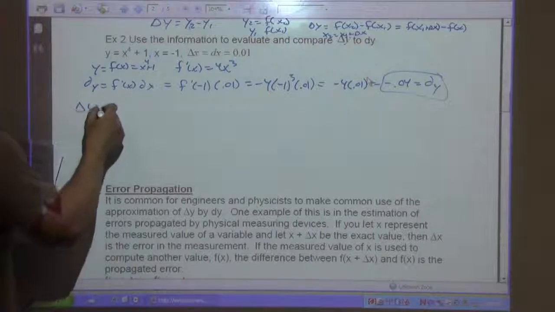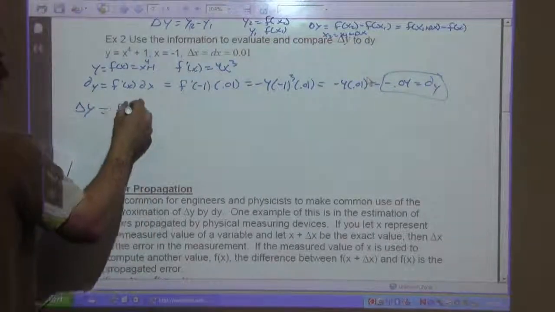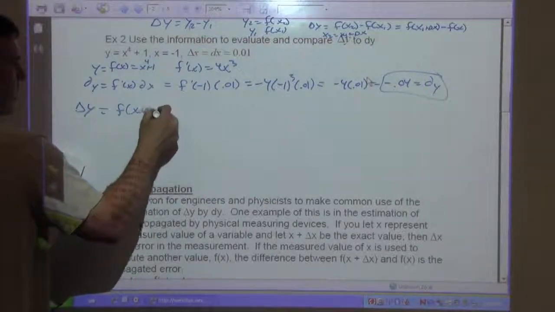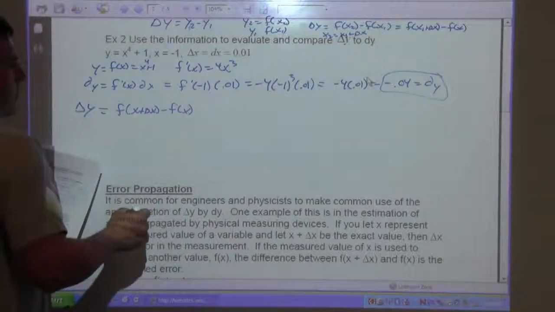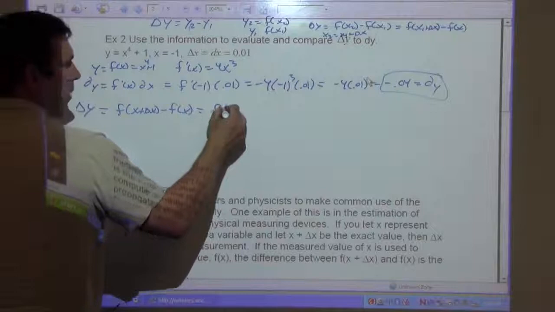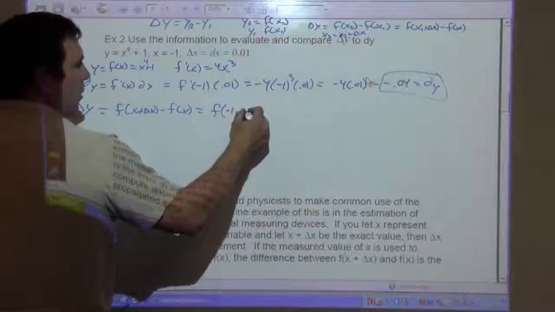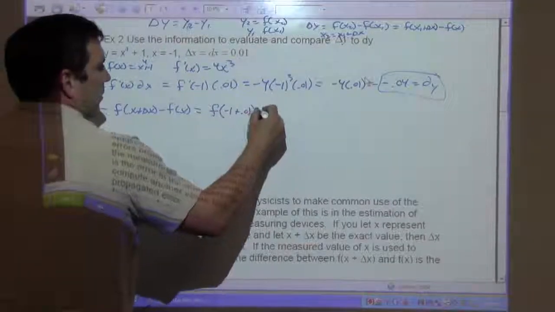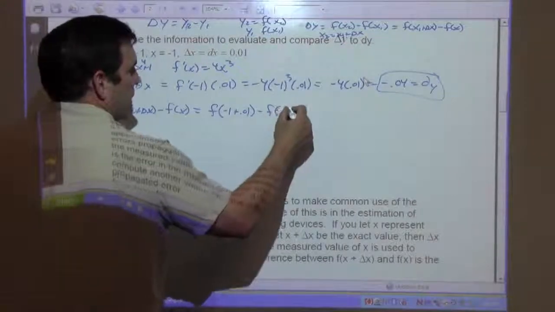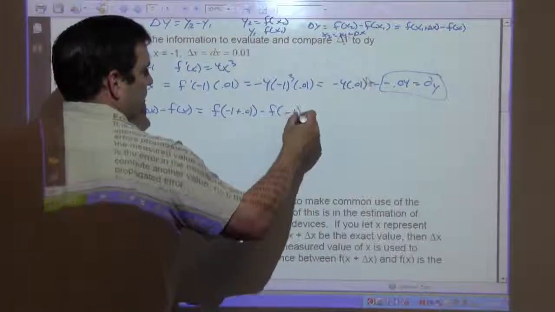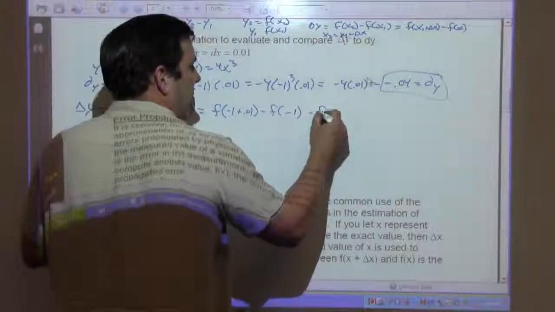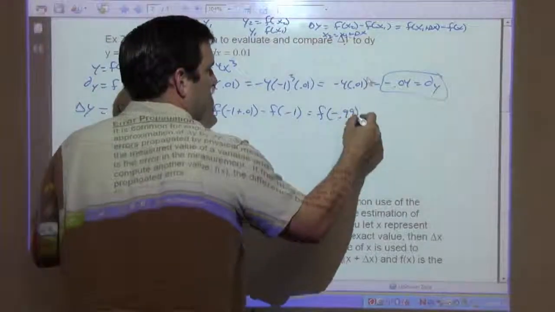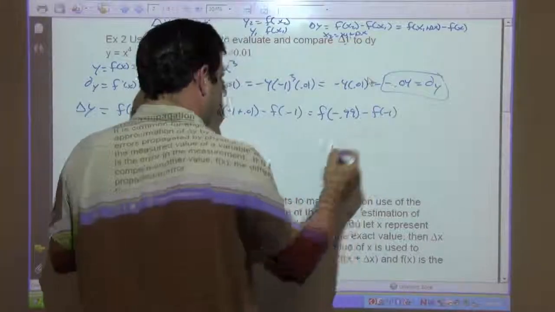Now for delta y, as I said above, it's going to be f of x plus delta x minus f of x. And that's going to be f of negative 1 plus 0.01 minus f of negative 1. That's going to be f of negative 0.99 minus f of negative 1.